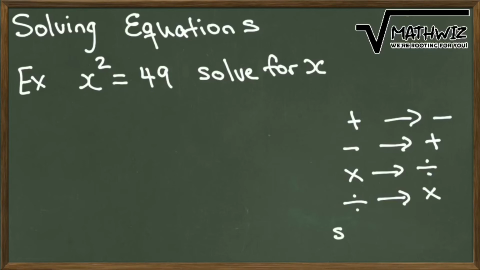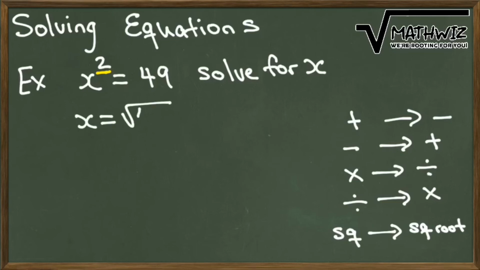For this video, those questions that have the square, to remove the square, you are going to use the square root. By that I mean, to get rid of that square, or to reverse the square, you are going to apply the square root to the other side.